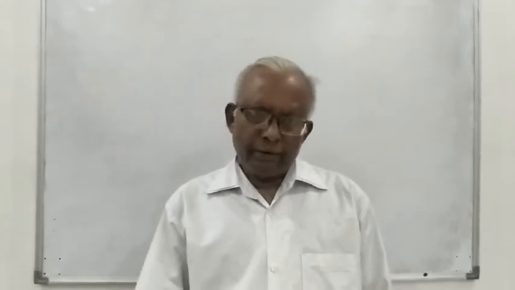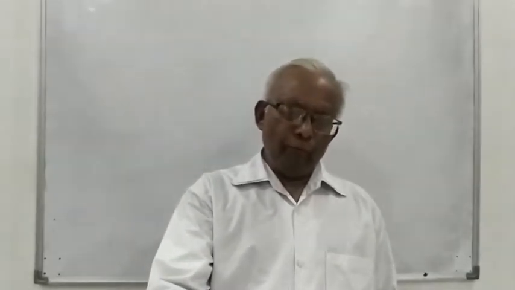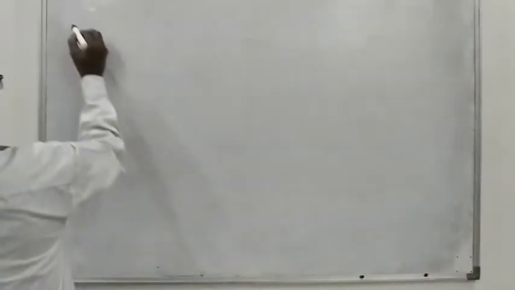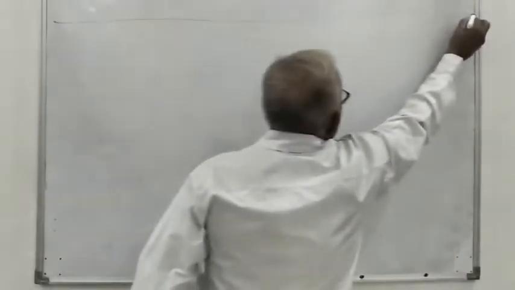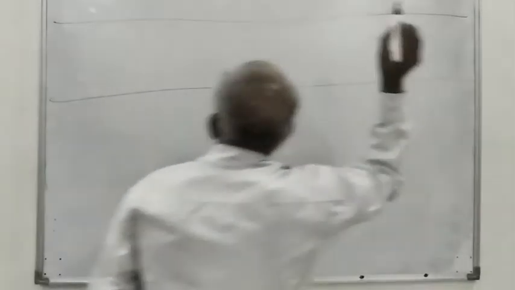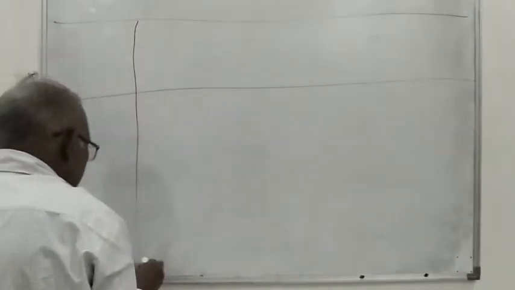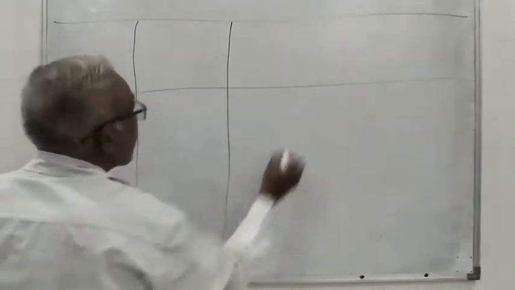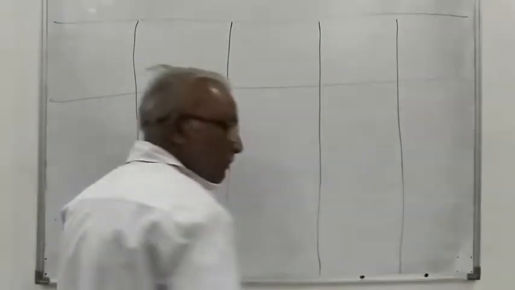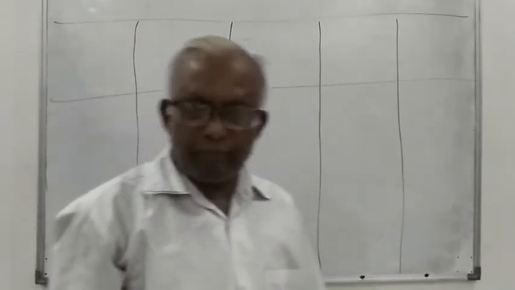Now, a few details about these. I am writing the same form there. Here we had it: present form, past form, past participle form, ing form, and infinitive form.